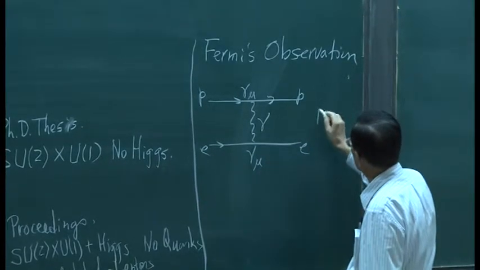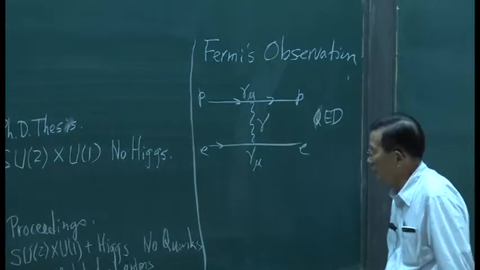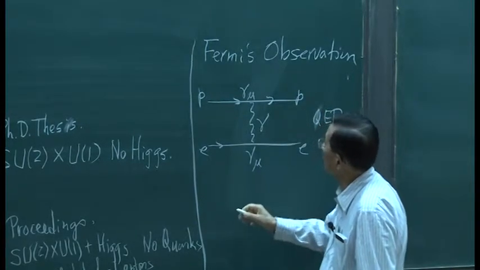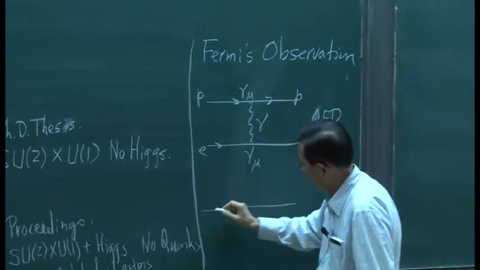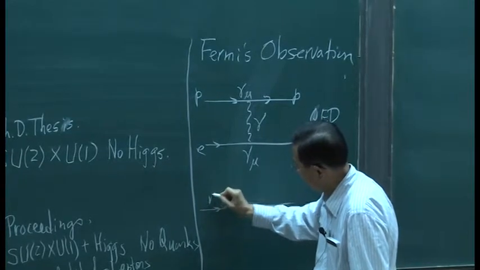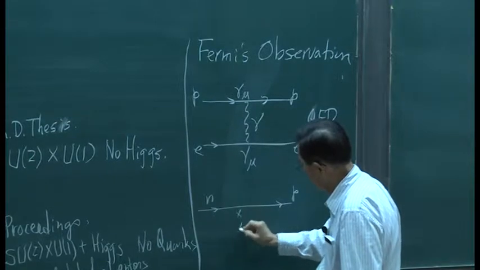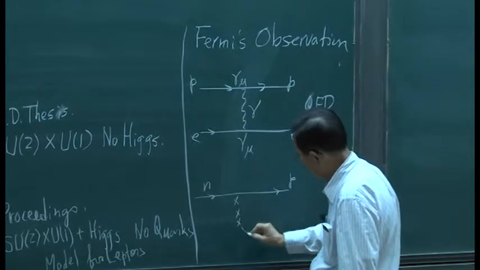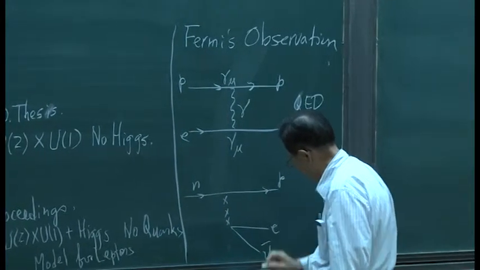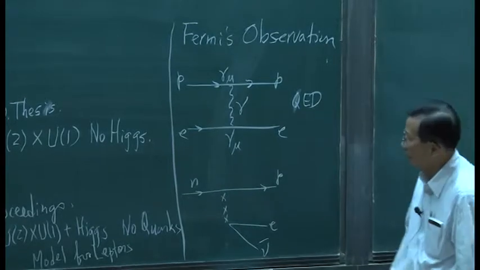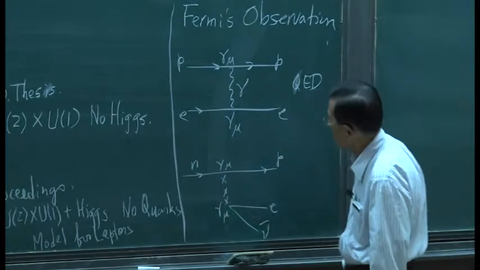So that's QED. Then Fermi wrote a theory for beta decay, and he made the following observation. Here's a neutron becoming a proton, and then turning into an electron and neutrino. What he wrote down here is a gamma mu here, and a gamma mu there.